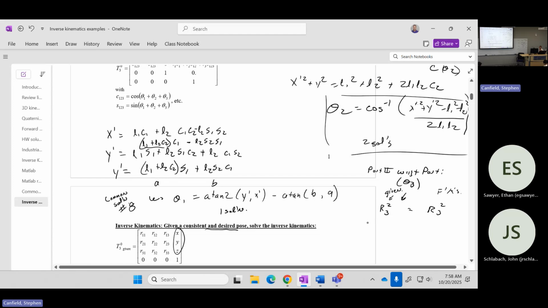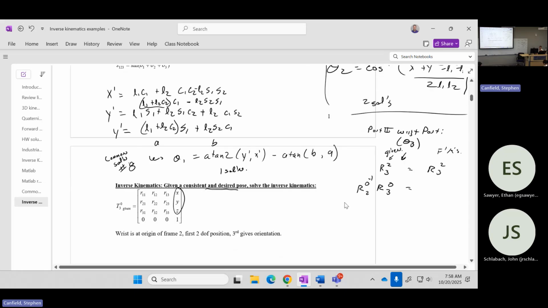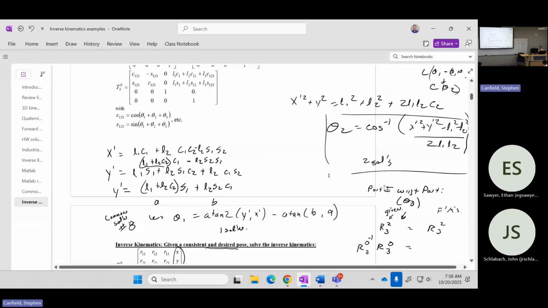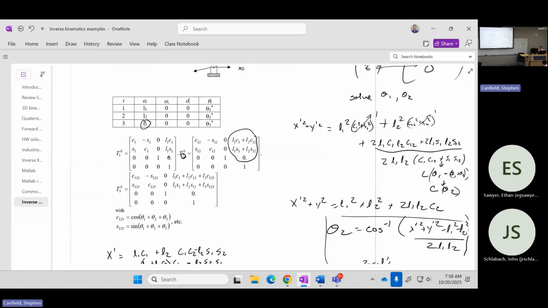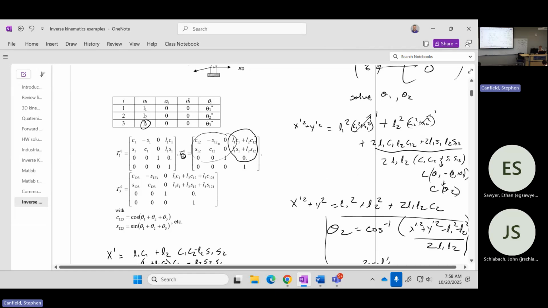To get 3 onto 2 from the givens, I'm going to say it's R2 onto 0 inverse times R3 onto 0 from the givens, equals R32 from the forward kinematics. So for R2 onto 0 inverse, I'm going to take the projection of frame 2 onto 0 right here, put in the known values of theta 1 and theta 2, and then take the inverse of that.